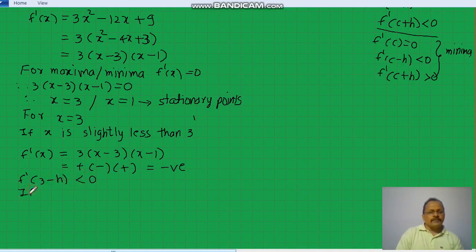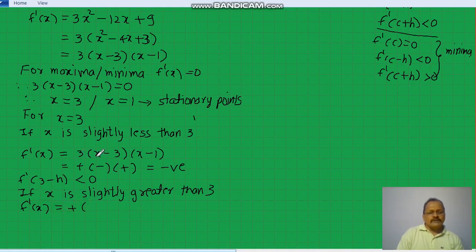Now, if x is slightly greater than 3, then f dash x is positive.